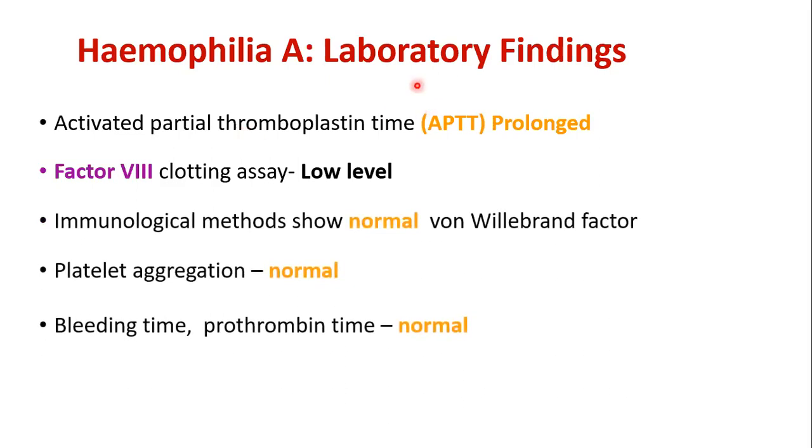Usually the immunological method shows normal von Willebrand factor, another important factor which is important both for the clotting mechanism and platelet function. We'll see that after some time. Platelet aggregation, platelet function is normal, bleeding time, prothrombin time normal, that means the extrinsic pathway is normal. So the only thing you find is long APTT and low factor 8 level.